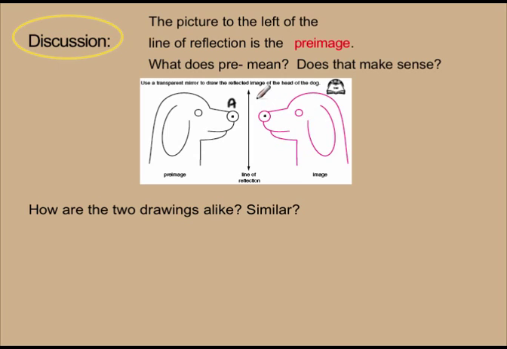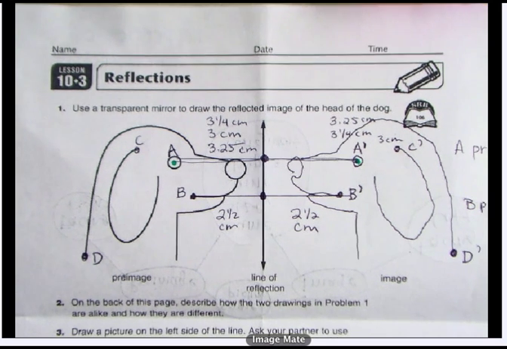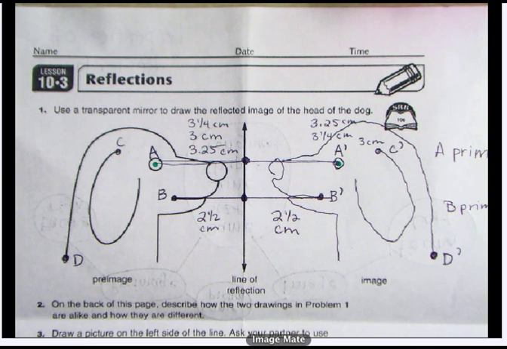I'm going to call that A prime, with the capital letter A and a little apostrophe next to it. Now, if I were to measure the distance between point A and the line of reflection, it would be the same distance if I were to measure from A prime to the same dot on the line of reflection. Pretty cool, huh? I tried a better drawing on this one to try to prove my point to you.